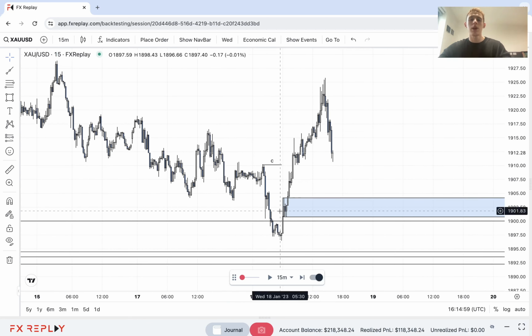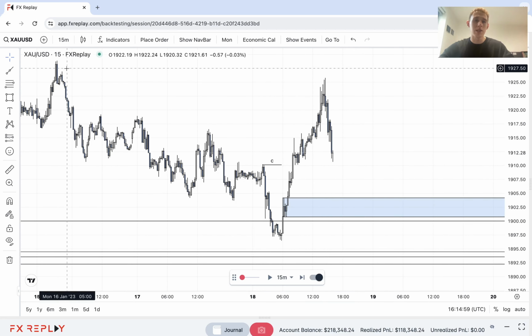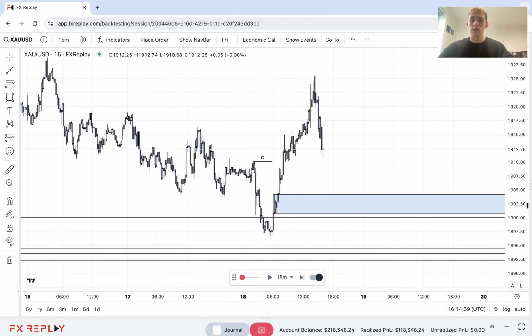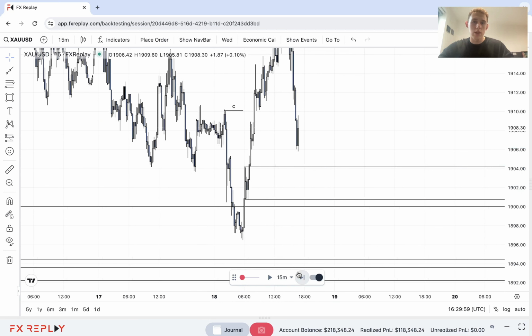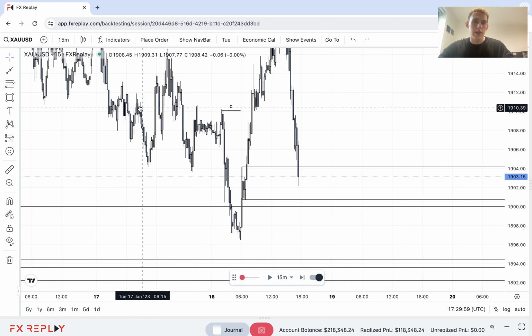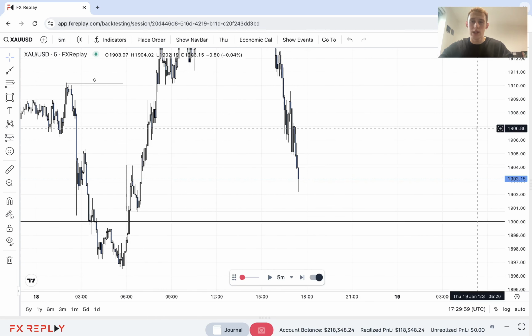Also, because price has made this very impulsive move up and also respected supply, I want to see further confirmation within this zone. I don't just want to set a limit. So let's see what price does. And this would be a 5-minute break of structure since it's a 15-minute point of interest.